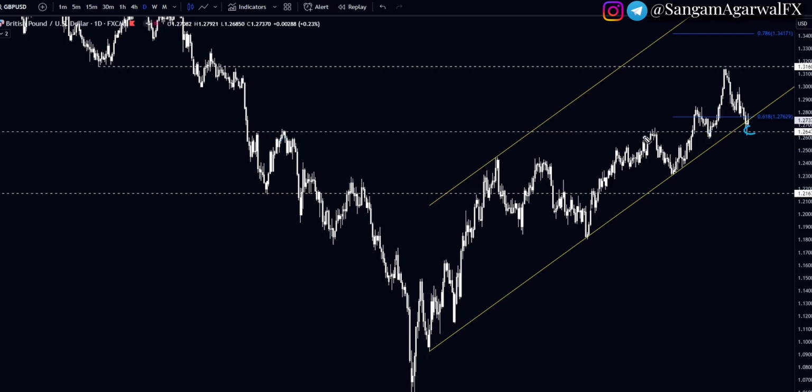This is your key support, and if this support breaks, then next it can go back to 21,635. So this week focus on these two support levels, but resistance 3106. So the breakout of this support this week on GBPUSD depends on the dollar index.